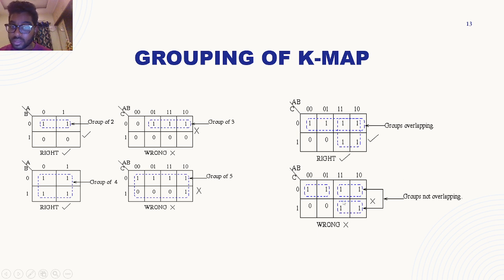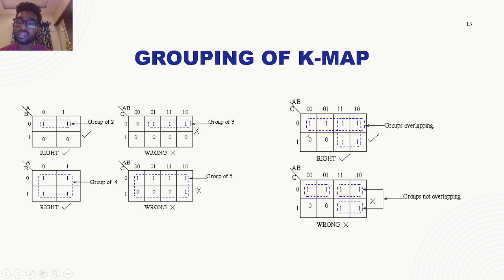But here you can see a grouping of four is already possible, but they're grouping as separate twos. The group is not overlapping, so this is wrong. When it is possible, we can overlap the groups and make it like this, but we can't make it like three tuples because a bigger group is already possible.